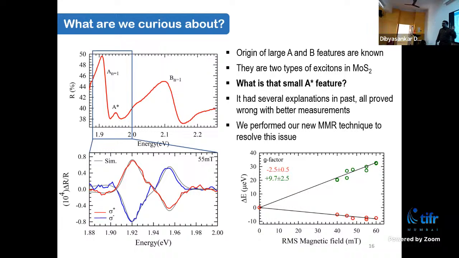Even with the previous technique, you cannot measure a 300 microelectron volt difference. But with my technique, I can measure a 10 times smaller splitting. And the signal to noise ratio is very good. It's not like it is buried in some jungle and I'm saying there is something. You can definitely say there is a peak and there is a dip. So my technique is better.